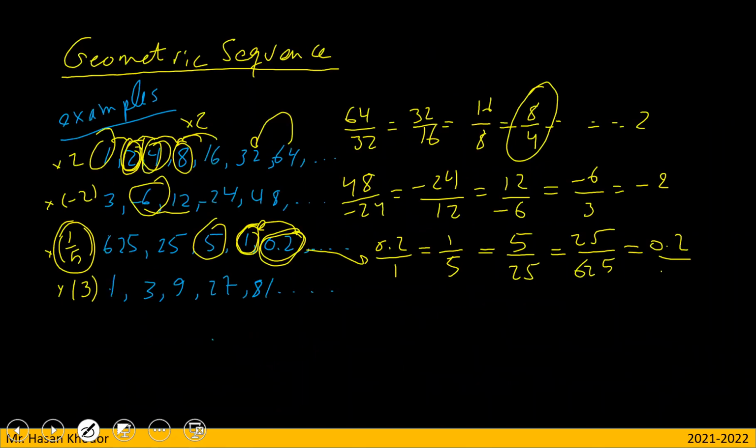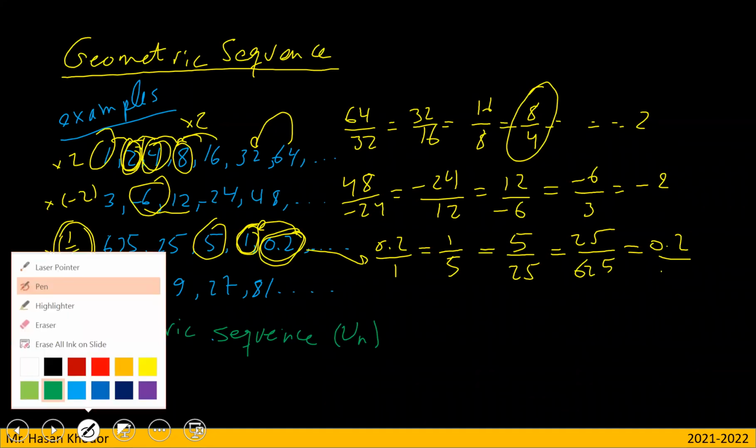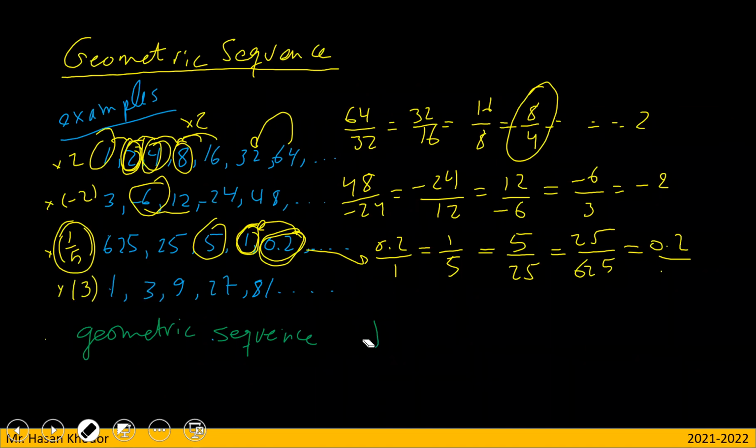However, a geometric sequence, we formulate it this way: Un is a geometric sequence if for every n we have Un plus 1 divided by Un equal always to the same number.